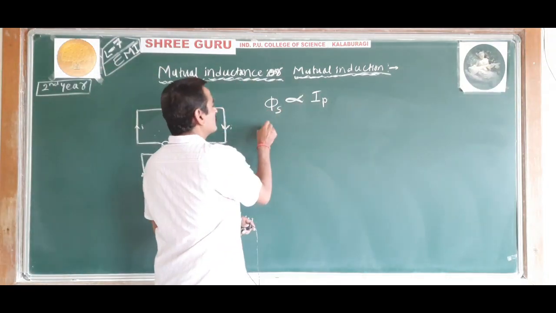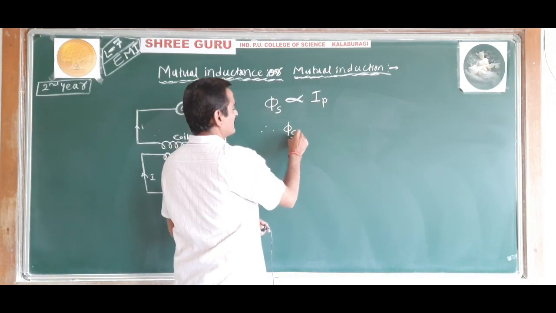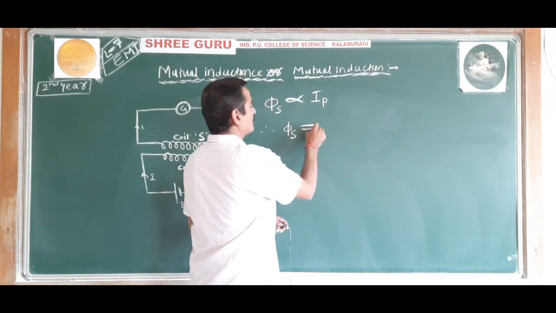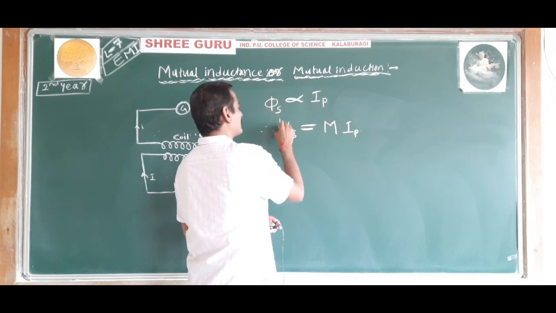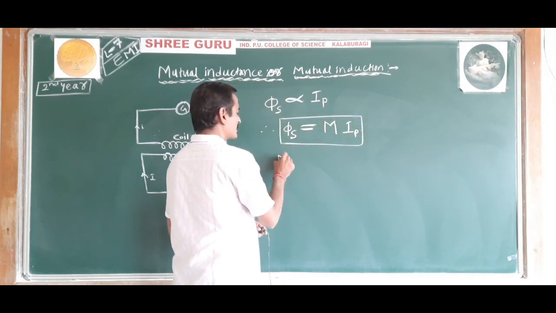So therefore we can write phi s is equal to a constant, and that constant is M into Ip, where M is called coefficient of mutual induction.